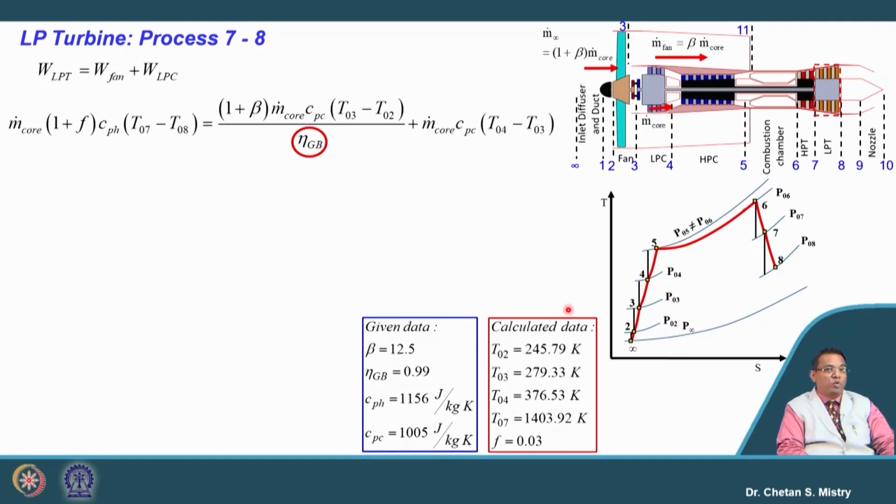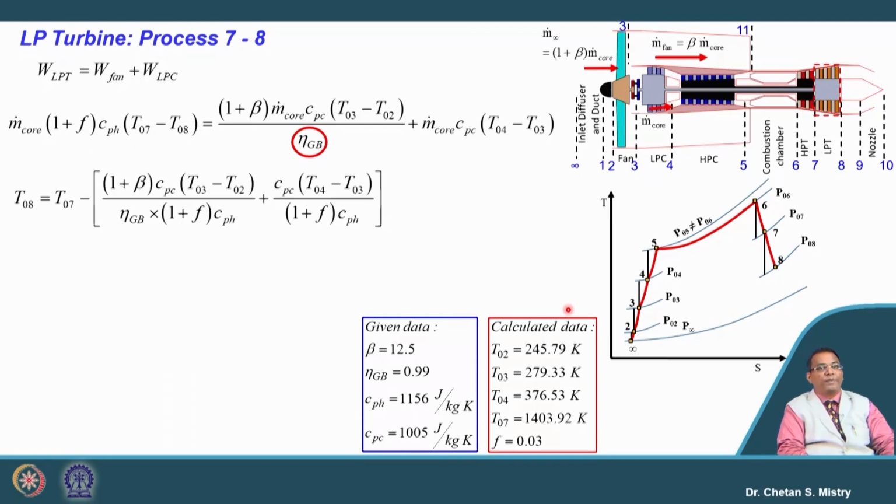I am sure you are able to understand the reason why we are putting this gearbox efficiency in the denominator of my fan work. Okay, this is the change compared to the previous numerical we have solved. And for my LP compressor, it is m dot Cp (T04 minus T03).